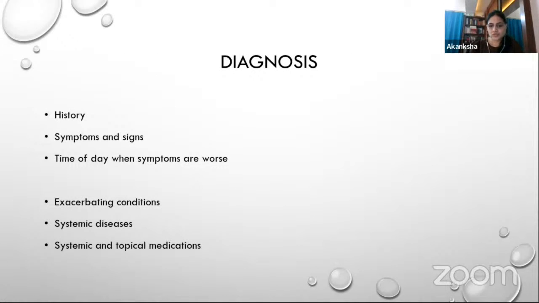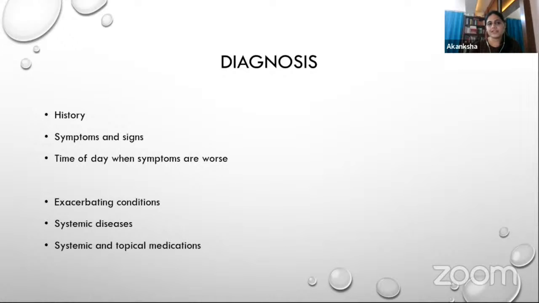Now, if a patient comes to you, it's very important to ask a detailed history and look for the symptoms and signs. The time of day when symptoms are worse is important. If the patient has just an aqueous deficient dry eye, they would say that the symptoms get worse as the day progresses. So they would complain of tiredness, itching, and redness more in the evenings.